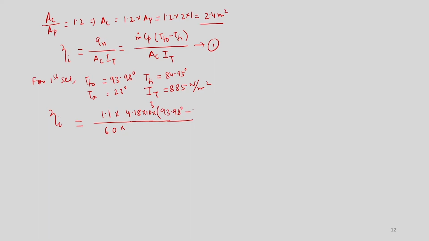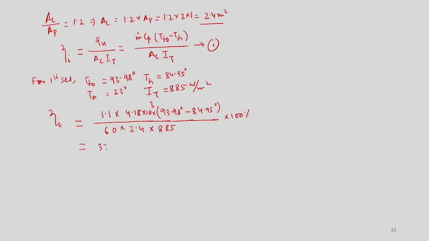TFO, then TFI is 84.95 degree. Okay. And then we will have AC and IT. AC is already we have calculated, which is equal to 2.4, and then IT is 885 for this first set of data. So, if we multiply it by 100, it will be in percentage.